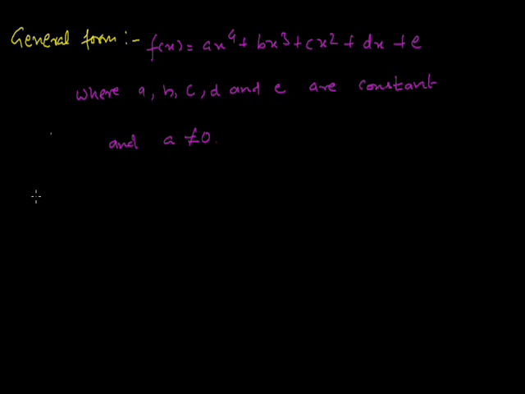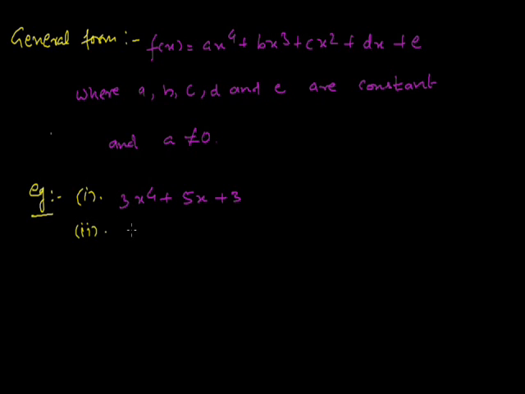We take some examples for biquadratic polynomials. Example first, 3x to the power 4 plus 5x plus 3. Here we see that the highest degree of the polynomial is 4. So this is a biquadratic polynomial.